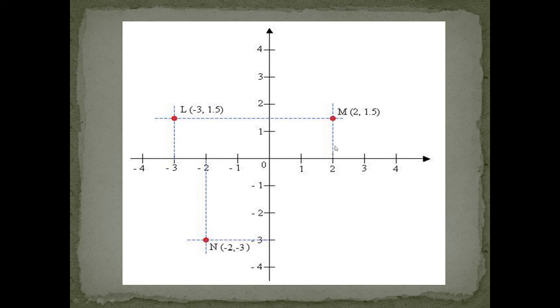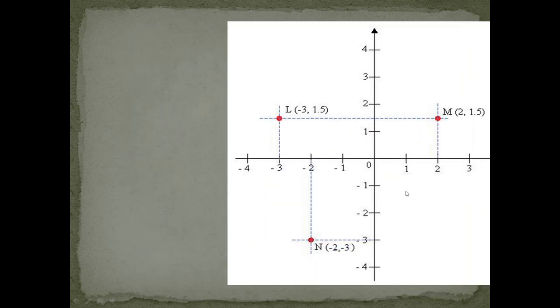Draw perpendicular lines from 2 and from 1.5, and where both intersect, that is the point (2, 1.5). Similarly, how to locate (-3, 1.5): draw one line from -3 on the x-axis and one from 1.5 on the y-axis, and there that point lies. Next, (-2, -3): select -2 from the x-axis and -3 from the y-axis and draw two perpendicular lines. Wherever they intersect, that is point N. In this way we can locate the points.